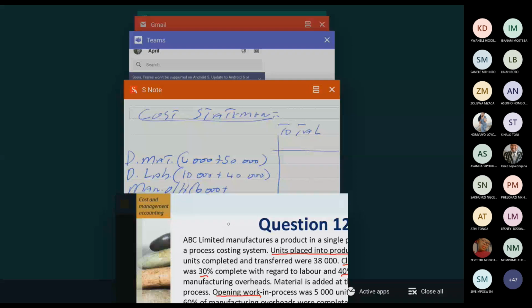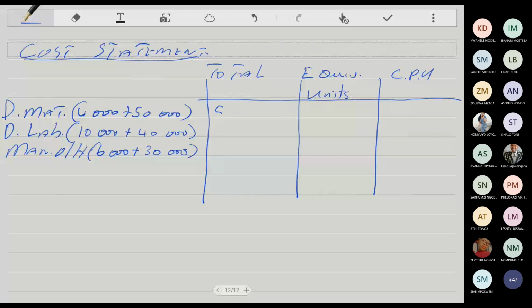So that's what we have to do. That's what the weighted average method means. That's where we combine the costs. So you end up having 54,000, 50,000, and 36,000. Add that to have a grand total: 54,000 plus 50,000 plus 36,000, so I've got a total of 140,000.